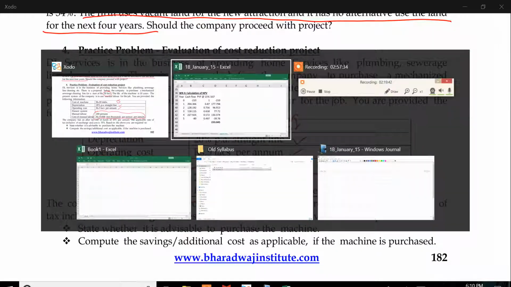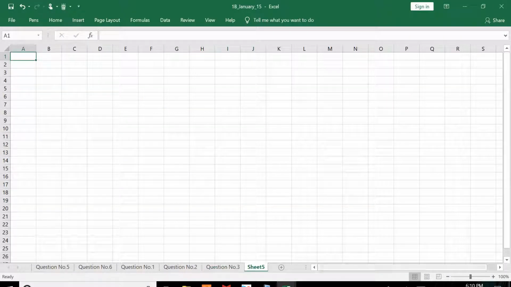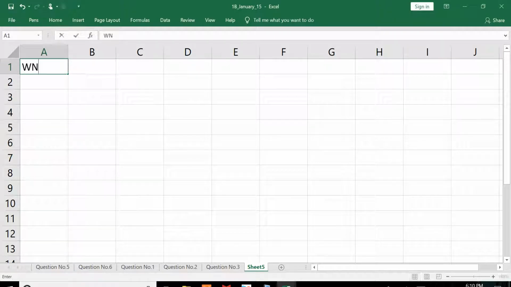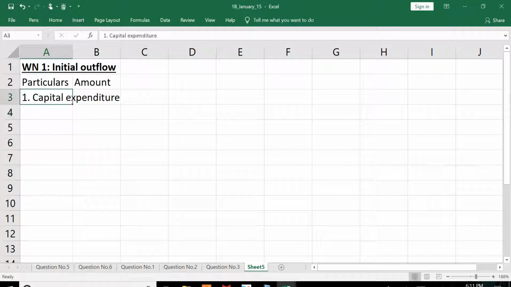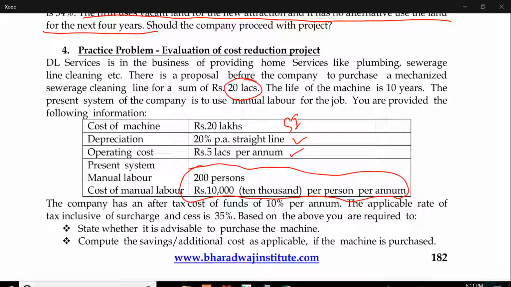Working note 1, initial outflow. Particulars and amount. Capital expenditure, point number 1.